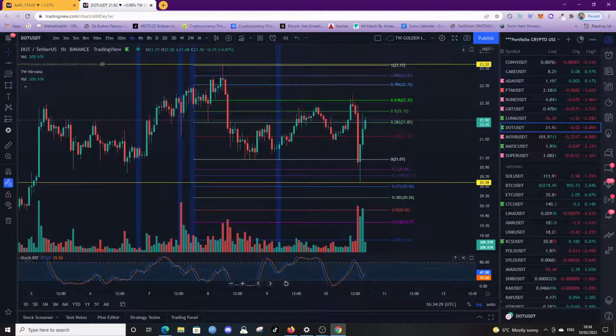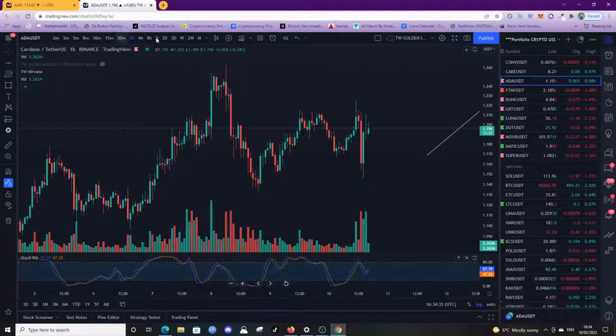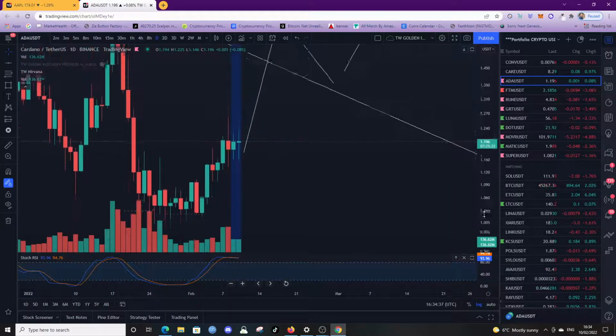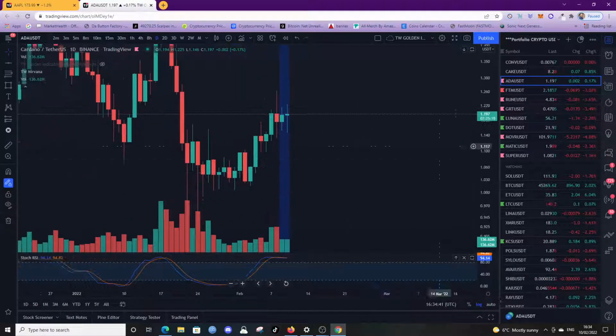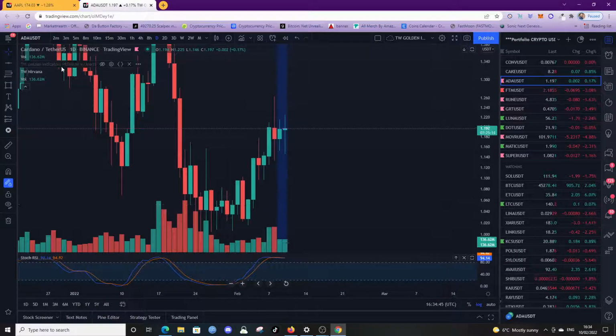As far as the markets go, look at this daily. I'm only going to go through Cardano now. So we get the high wave come in.